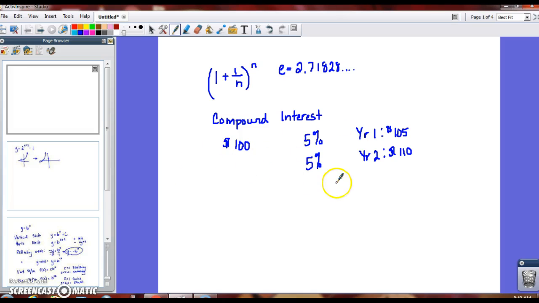That's simple interest. Compound interest is every year you are earning interest on the money that you have in the bank, including the interest you already earned. So at year 1, you'd have $105. But at year 2, with compound interest, you're taking 5% of now $105 instead of $100.